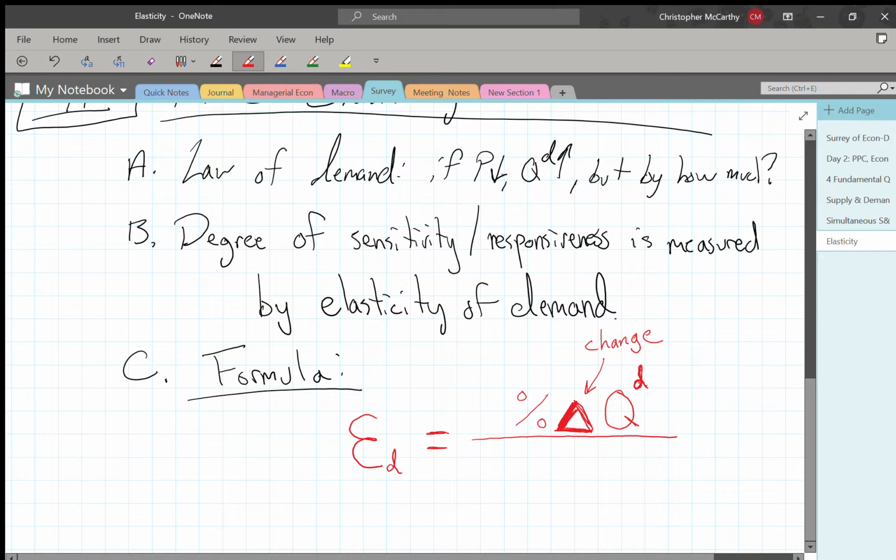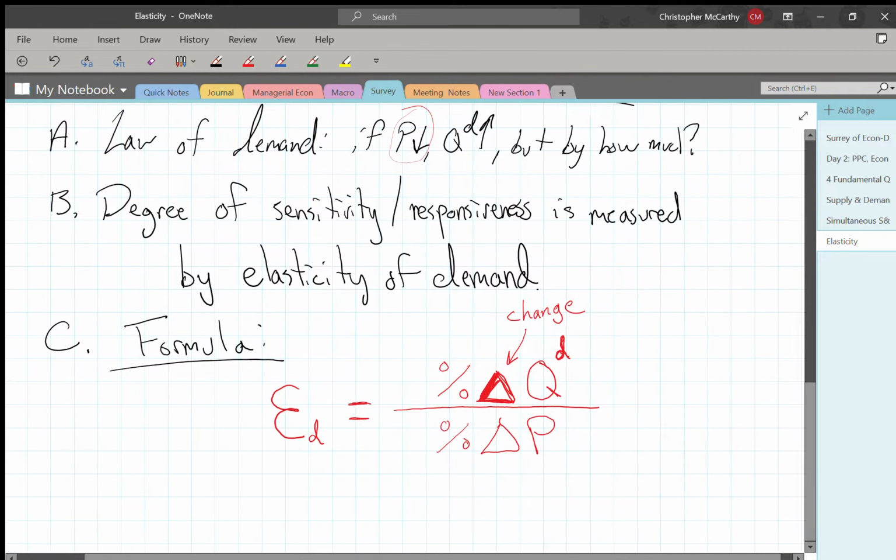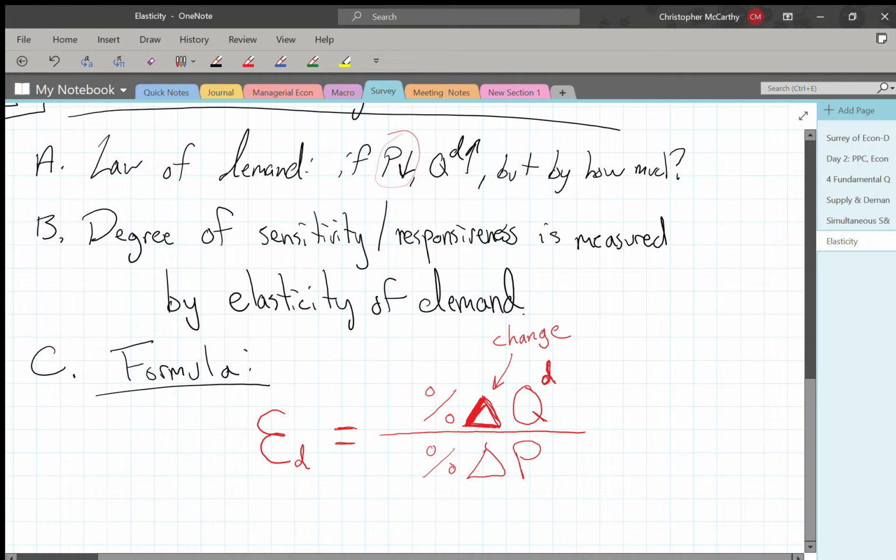To price. So our percentage change of quantity is on the numerator here, and our percentage change in price is on the denominator. So it's telling us how much consumers are decreasing their consumption if the price increases.